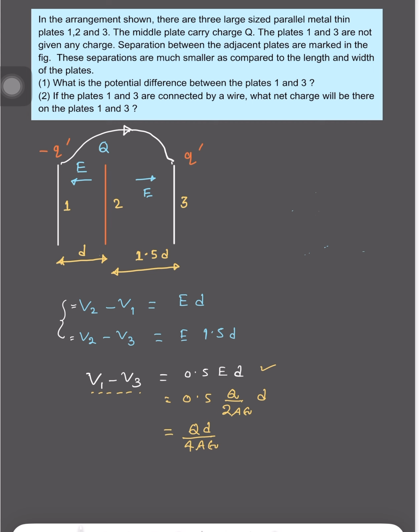Here there will be a field in the left. Let us say this field is E dash. And here also the same effect will be there. So now we can redraw these plates with the net field.